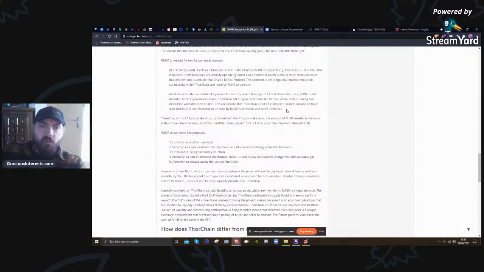So, apart from being an intermediary currency to be used on the platform, they also say RUNE is being used for governance of the project itself.